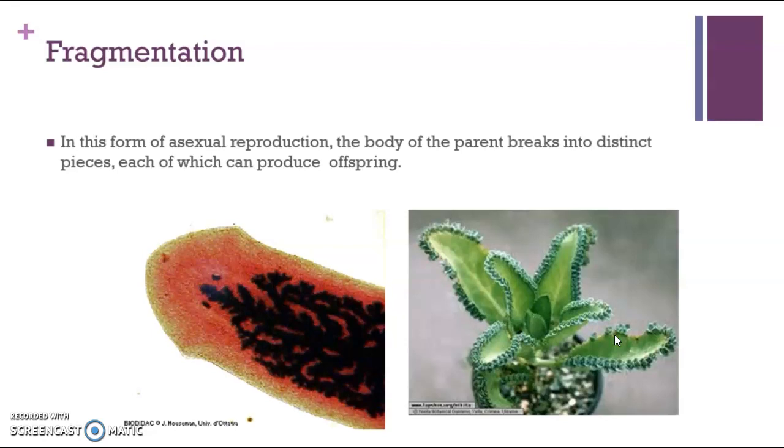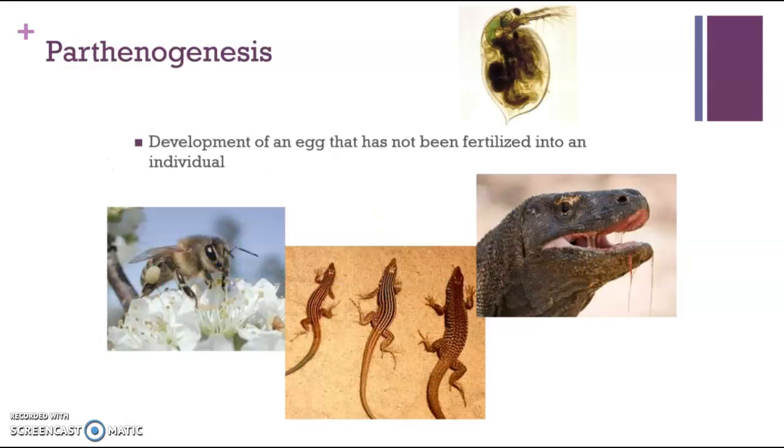Another interesting method of asexual reproduction is called parthenogenesis, and we read about this in the Investigating Reproductive Strategies assignment. This is where an asexual female is able to produce eggs that don't need to be fertilized.